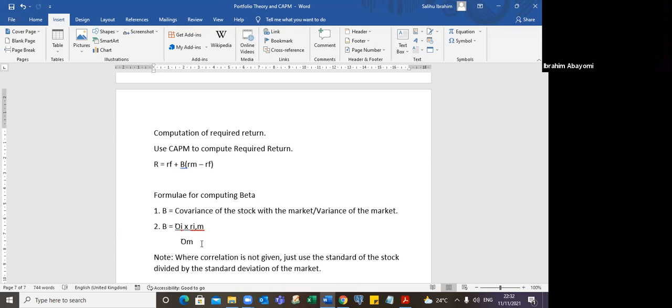That is where my correlation of the investment with the market is not given. So you will not bother yourself. That's 2.